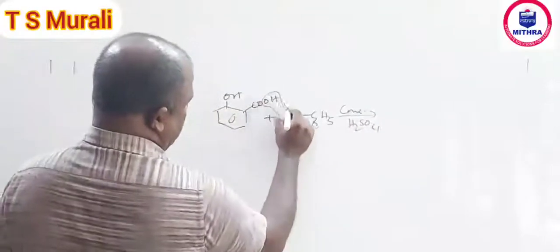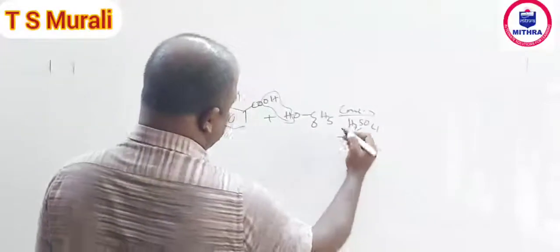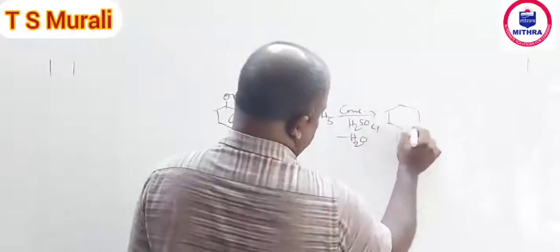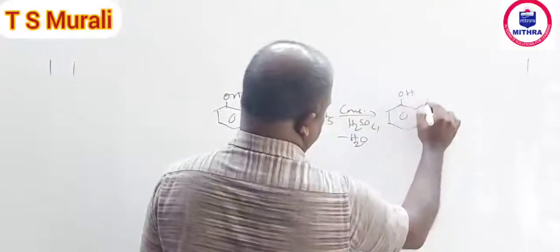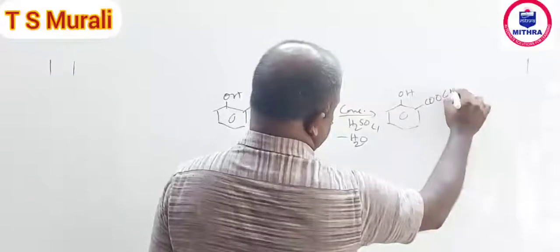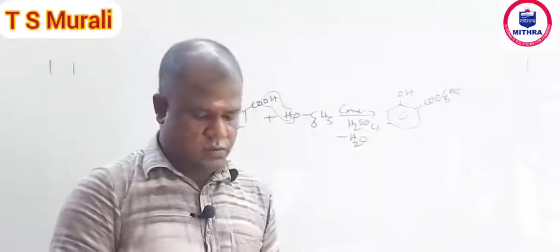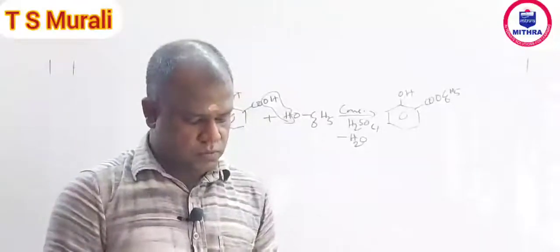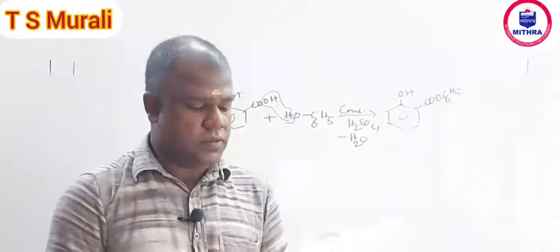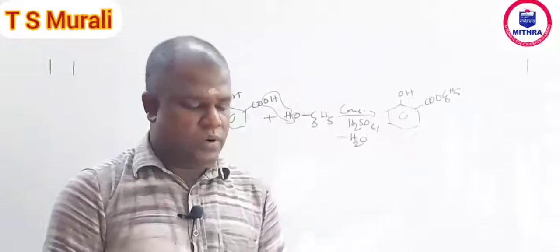A molecule of water is removed, esterification happens to form phenyl salicylate, COOC6H5. That phenyl salicylate is commonly called salol. Yes, the option is phenyl salicylate. Okay, moving to question number 19.